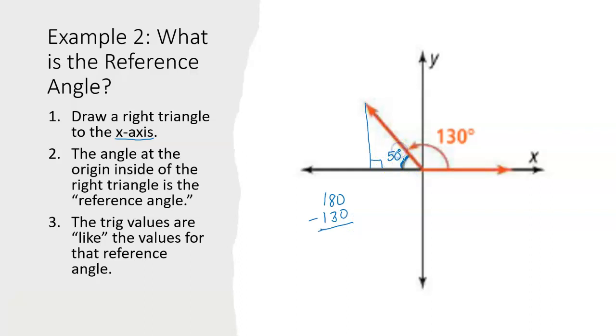And the reason we care about that is because this particular angle, the 130-degree angle, is going to behave a lot like a 50-degree angle. The sine and cosine values of 130 are very similar to the sine and cosine values of 50.